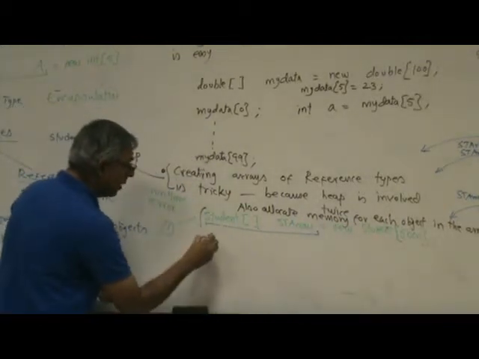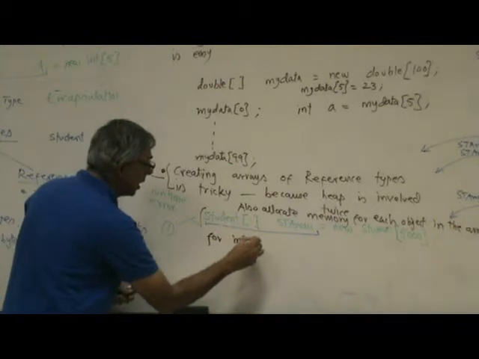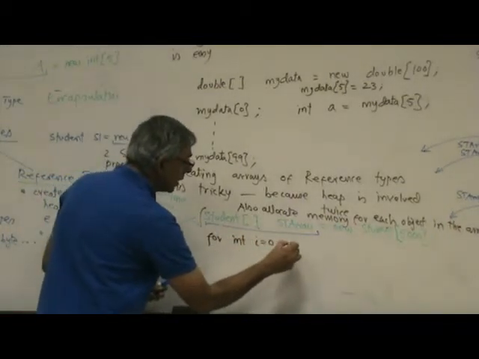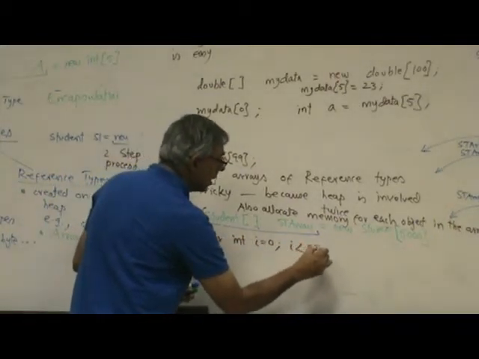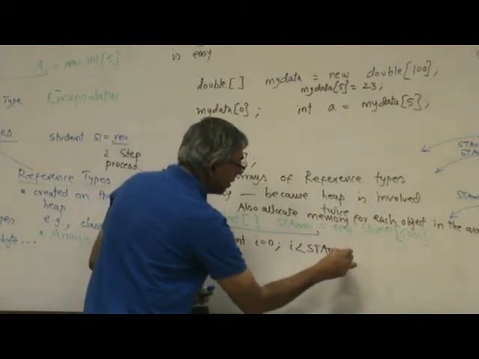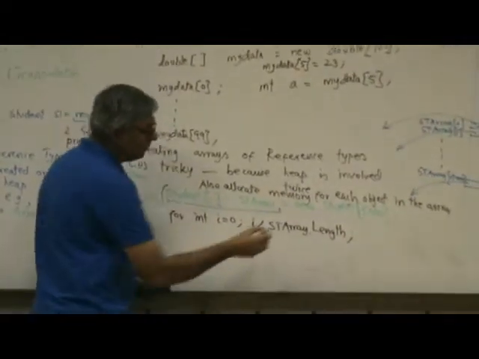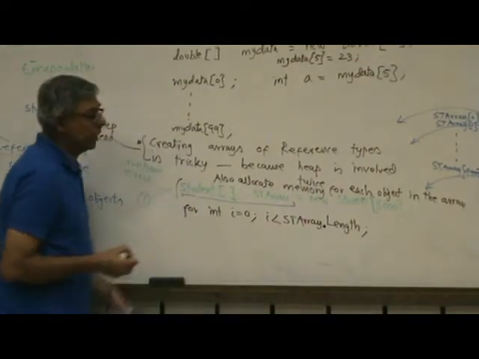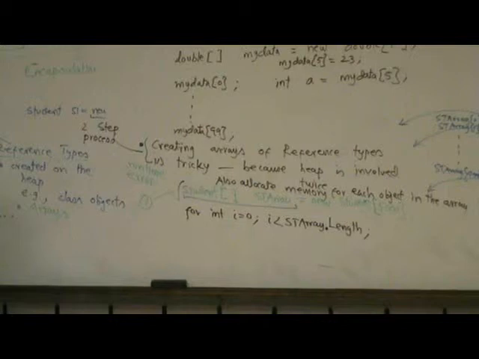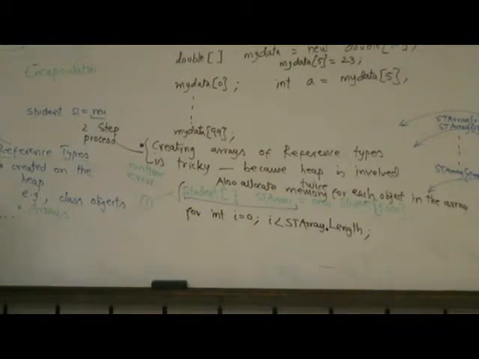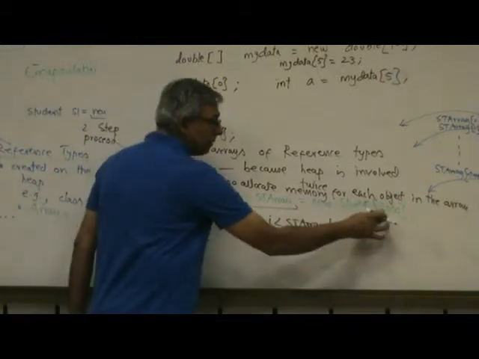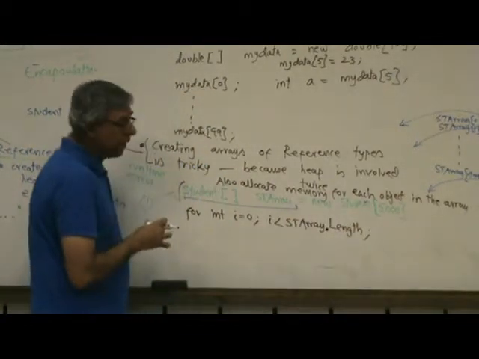So we will write a loop: for int i equal to 0, i less than strArray.length. In C#, every array has a length property, very similar to Java. So length tells us how many elements are in the array. In this example, we allocated 5,000, so this will be 5,000.